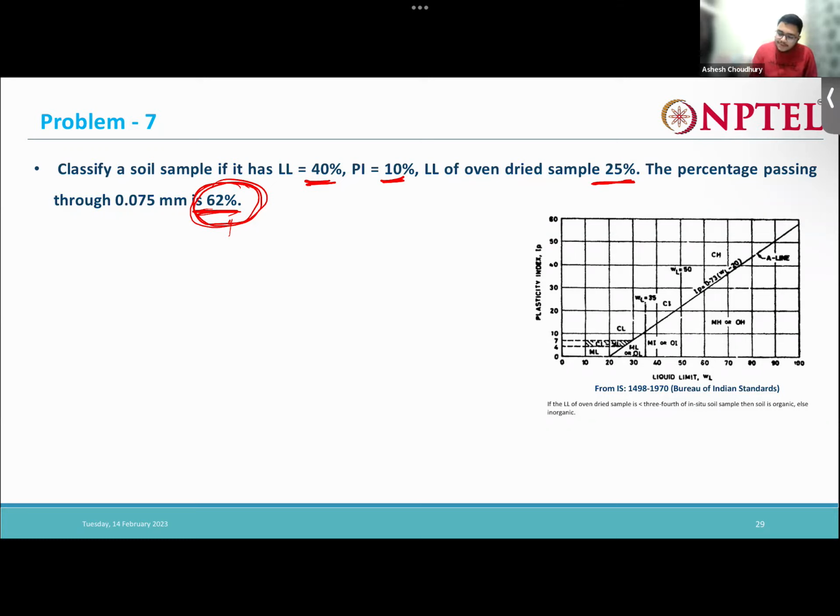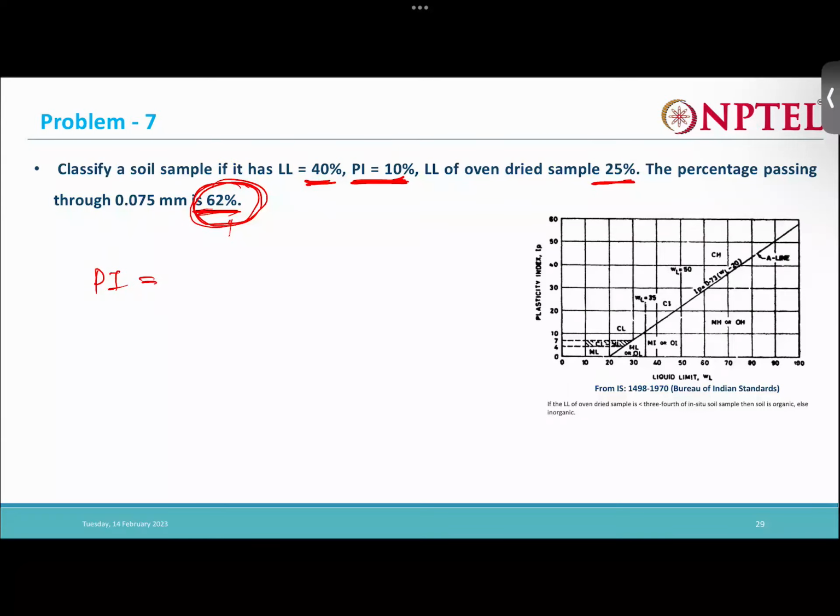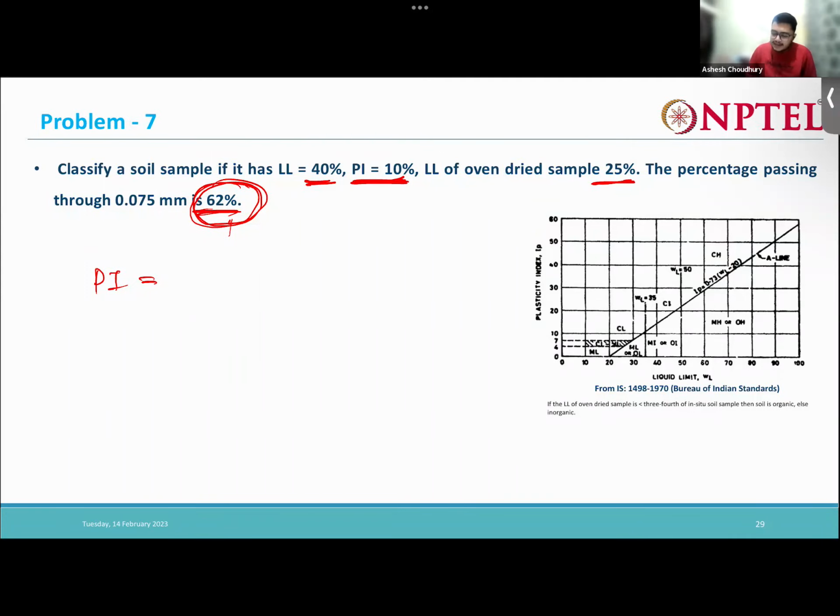Okay, so again, the plasticity index is already given here, it is 10%, right? Now what is the plasticity index of the A line? It is 0.73 times (LL minus 20).